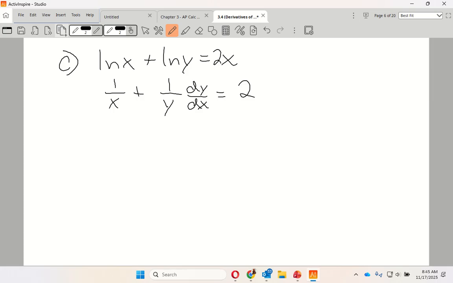So now I need to get the dy dx by itself. Yes, we solve for dy dx here. I'm going to start by subtracting 1 over x.